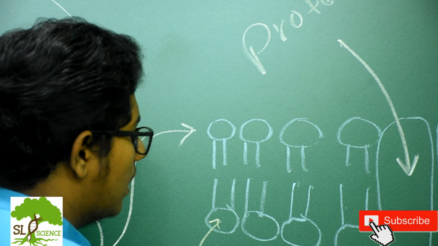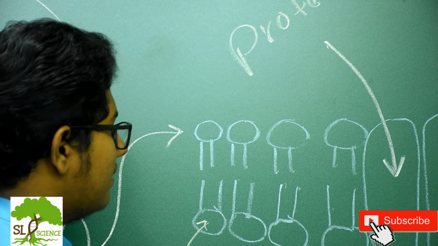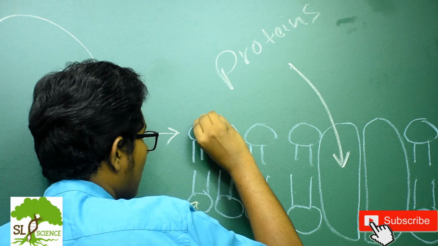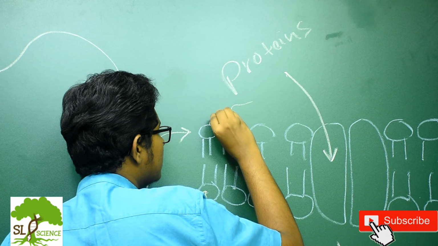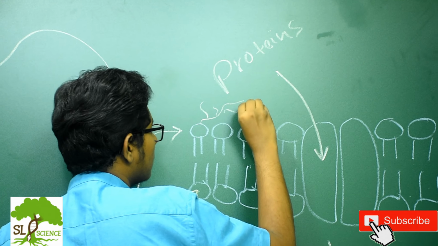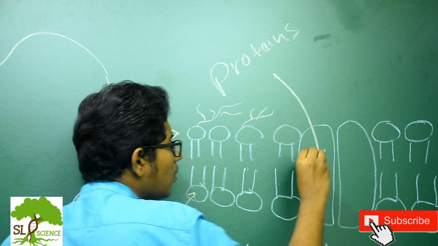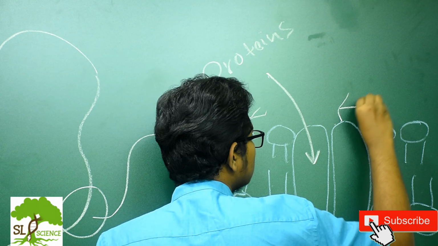And carbohydrate chains, some are connected to phospholipids like this, and some are connected to proteins.